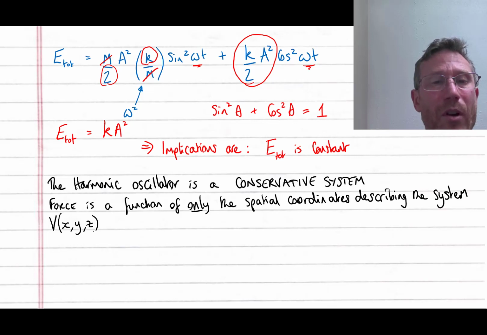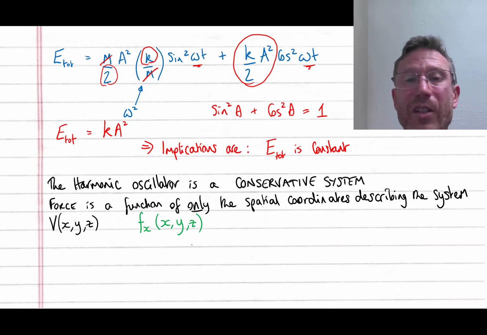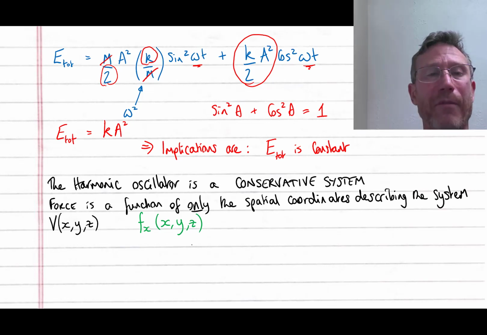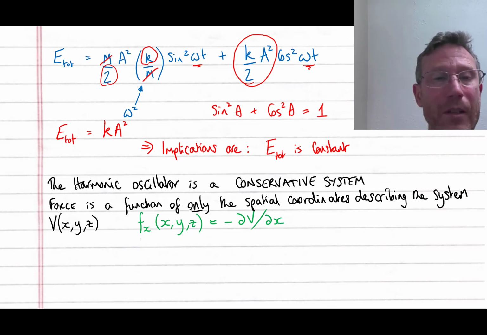Let's suppose we've got, change color again, F sub x. Let's suppose that's a function of x, y, and z. So remember, the force is a function of the spatial coordinates describing the system. It can be a function of those spatial coordinates, the position x, y, and z. That is equal to minus the partial derivative dV by dx.